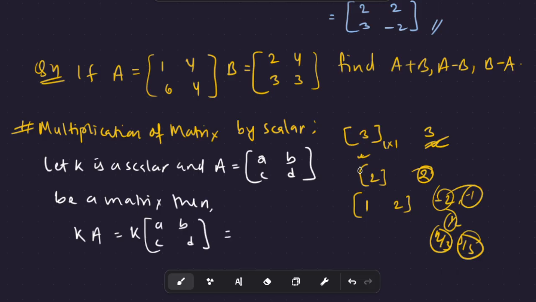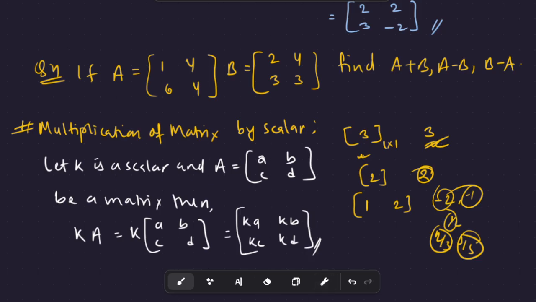While we multiply any matrix by a scalar, the scalar multiplies all the elements of the matrix. K multiplies a, it becomes Ka. K multiplies b, it becomes Kb. K multiplies c, it becomes Kc. K multiplies d, it becomes Kd. So this is the result of multiplication between a matrix and a scalar.